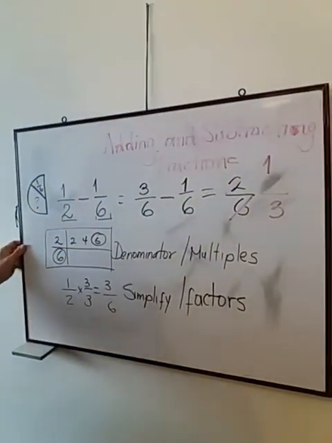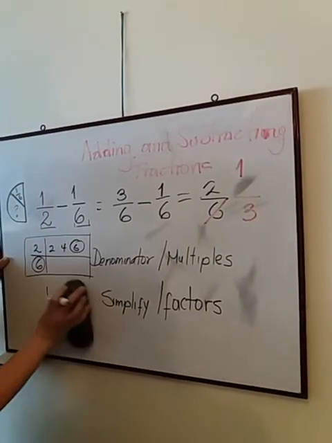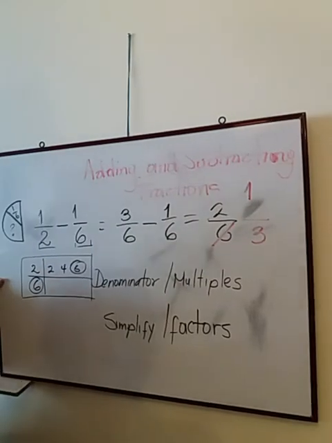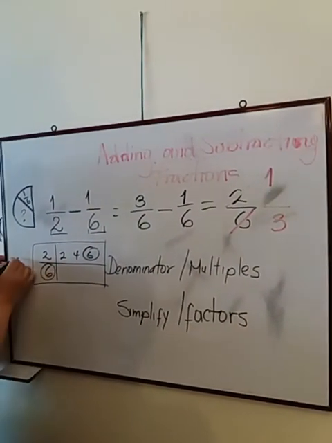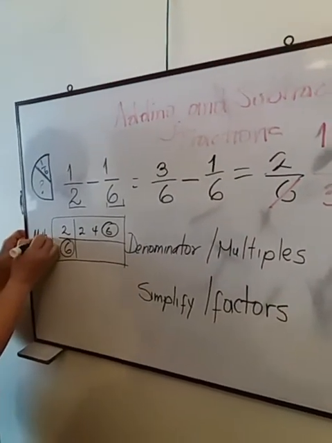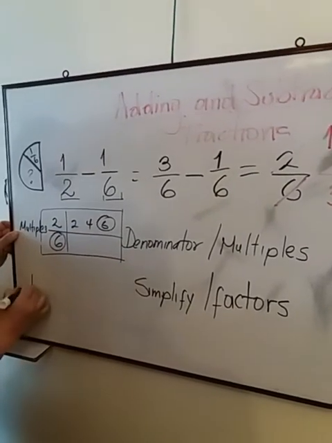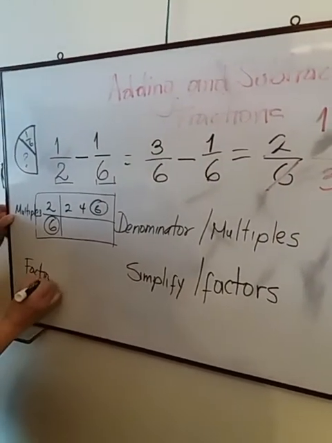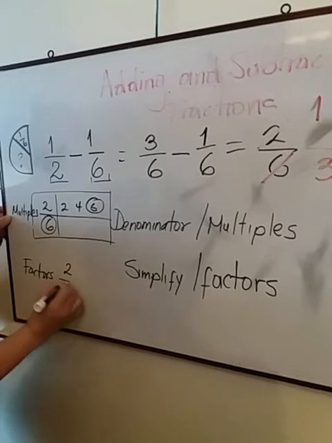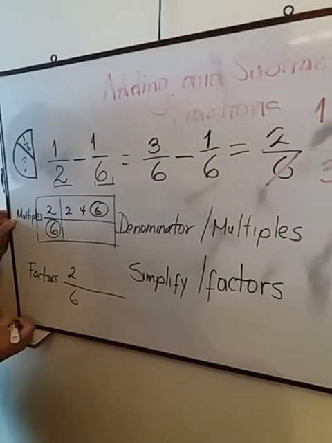So in here, these were the multiples. Now let me find the factors. The factors of 2 and the factors of 6.